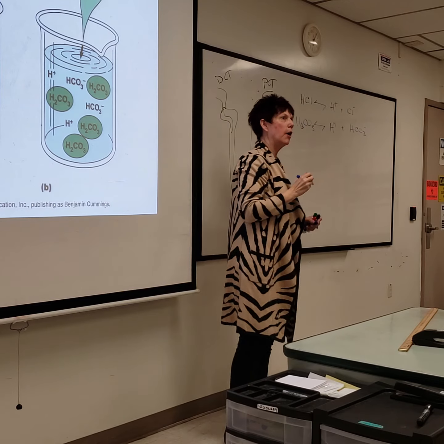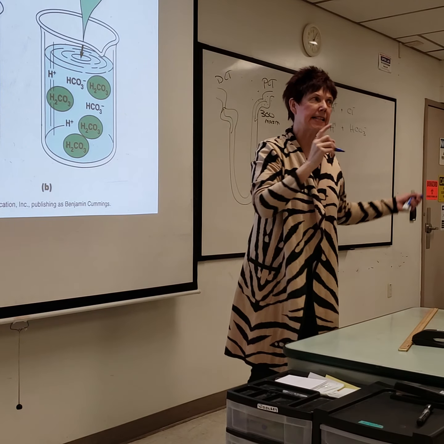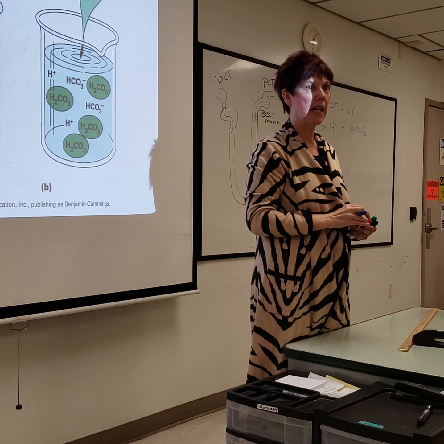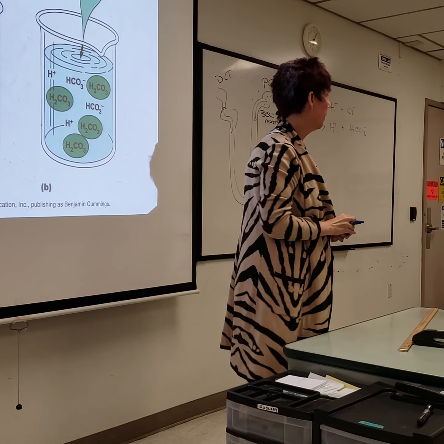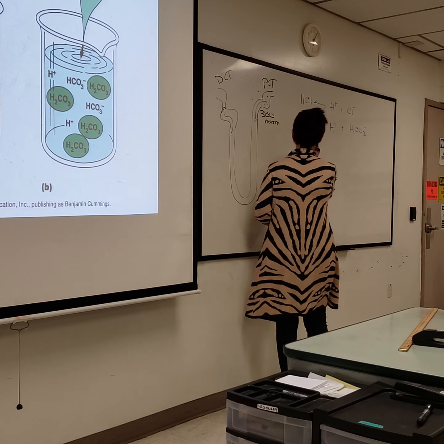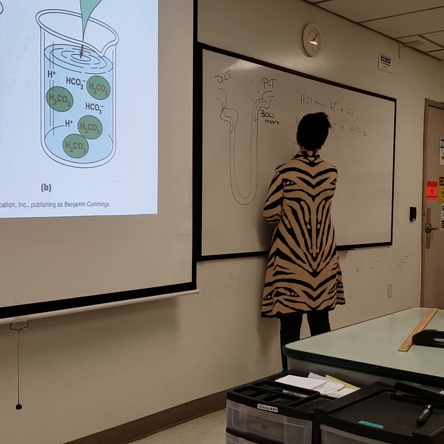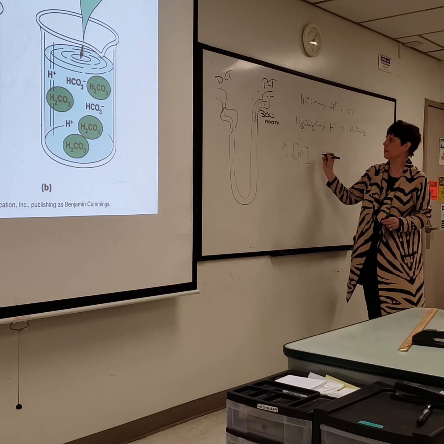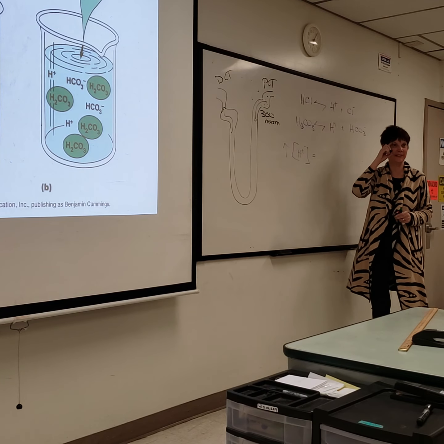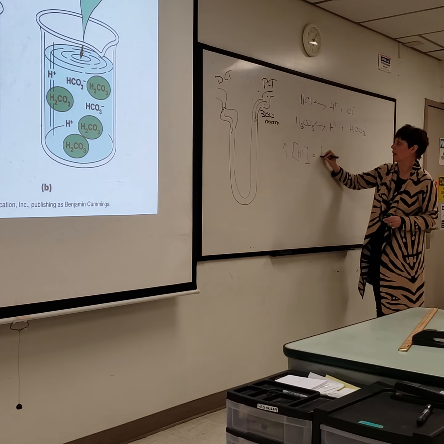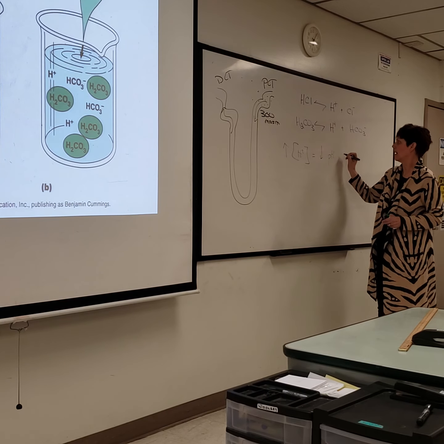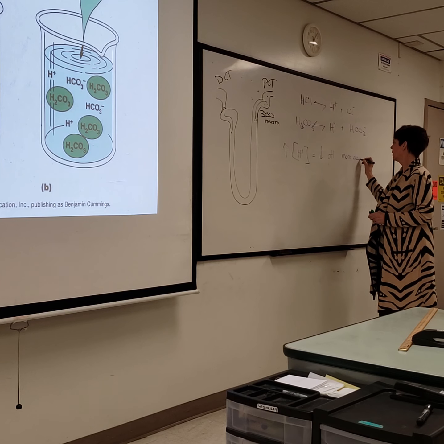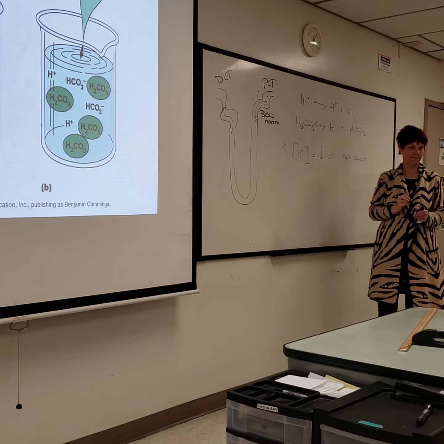Okay. So, how does this affect pH? pH is a measurement of the concentration of hydrogen ions, all right? So if the concentration of hydrogen ions increases, does the pH become lower or higher? Lower. And a low pH is considered to be more acidic.